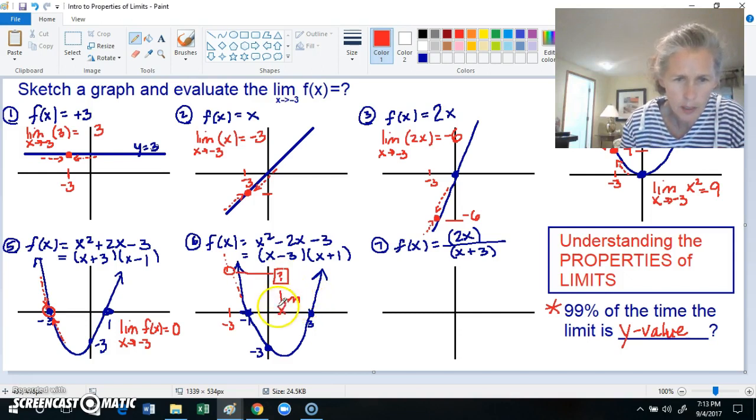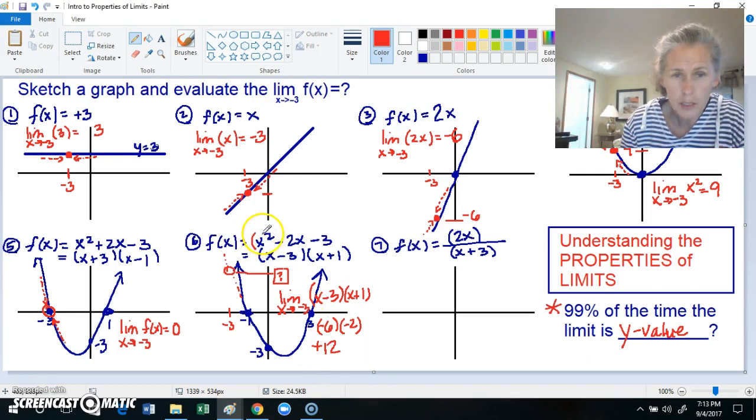I'm going to say the limit as x approaches -3 on x minus 3 times x plus 1 must be -6 times -2. Where did I get that? I plugged -3 in for x. -3 minus 3 is -6. -3 plus 1 is -2. -6 times -2 is positive 12.